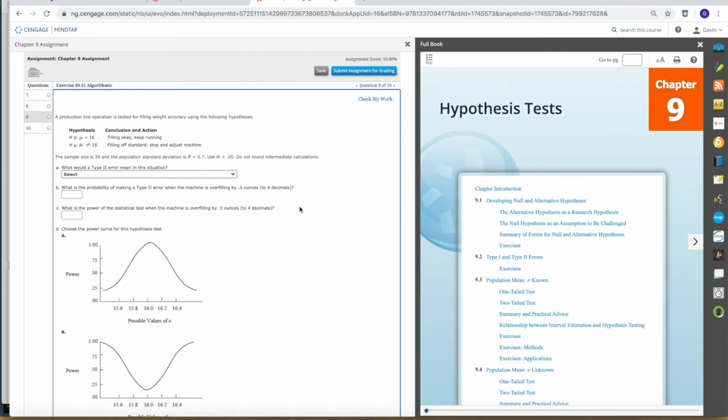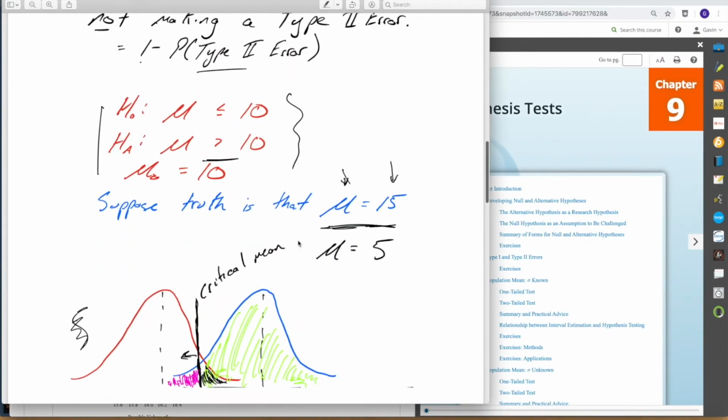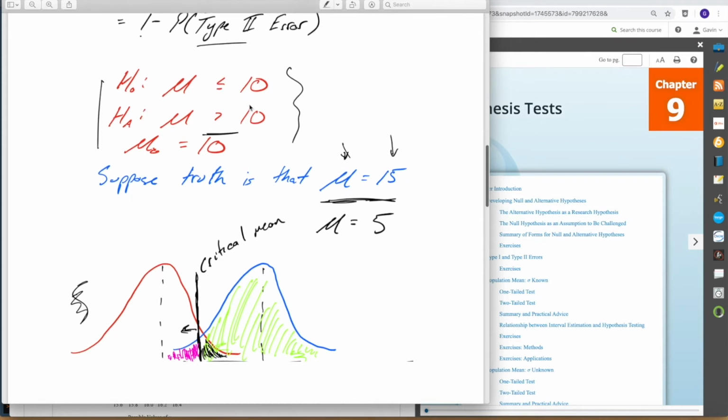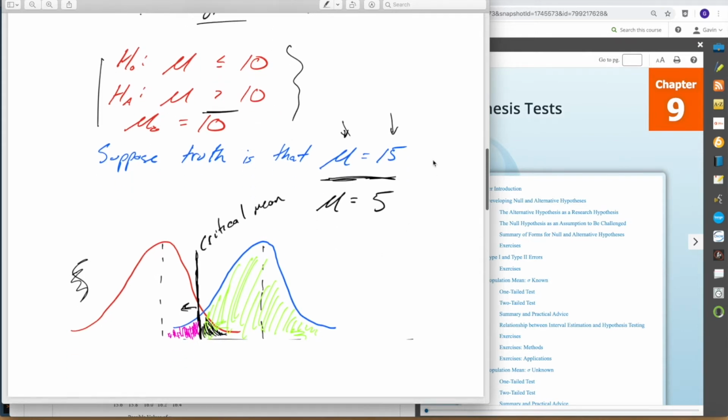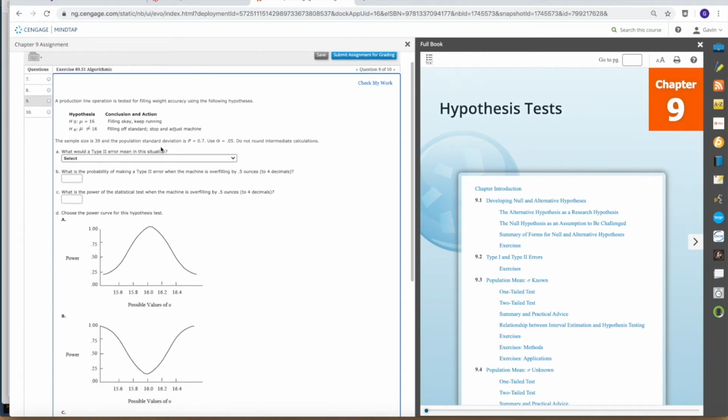So that's an example where we have a hypothesis test centered at the value we want, but we say, well, if this is the true value, that's going to be a problem. So let's see if we'll be able to pick that up using hypothesis tests. So these are the null and alternative, and then it tells us the sample size is 39, population standard deviation 0.7, alpha equals 0.05.